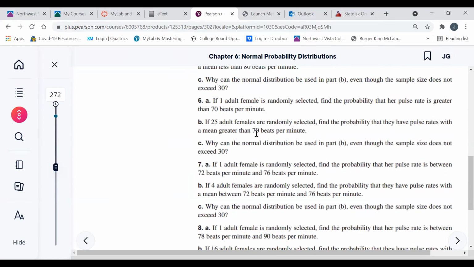Wait, sir, so for C, we can do it or we can't? We can use the central limit. As long as it says in the problem that it's normally distributed, then we can use the central limit.